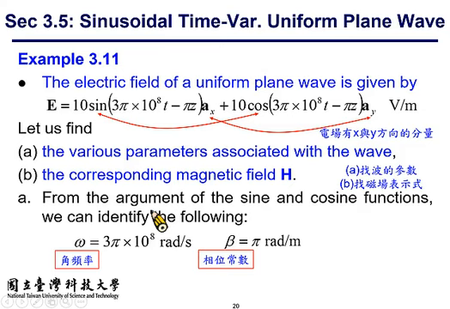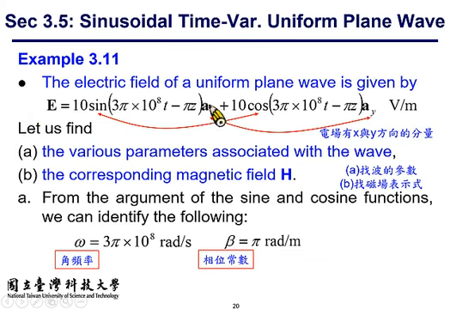And here's an example. So let's use this example 3.11, to review some important properties of electrical field in sinusoidal form. So say we have an electrical field of this. Okay, so one important thing here is you see it has two components.